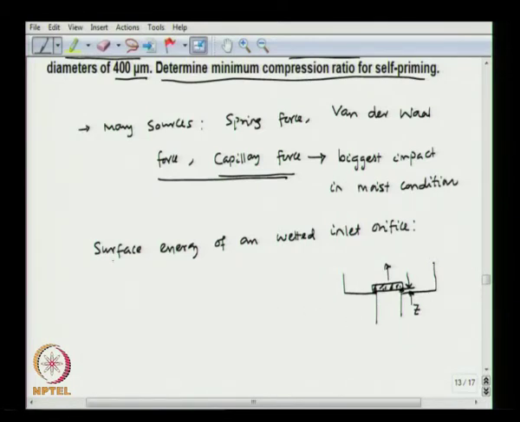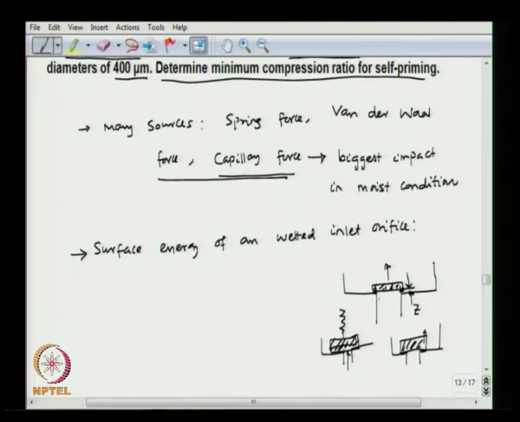Many times, with two mating surfaces, if dry, you have some spring force trying to close the valve, or, with no spring, the valve actuator is in contact with the valve seat and there is van der Waals force, which is normally very weak.